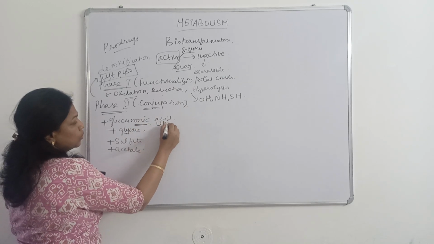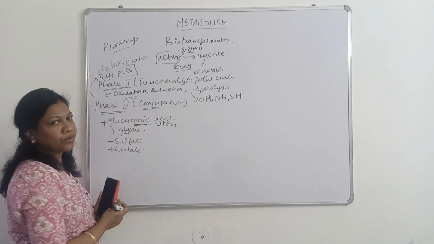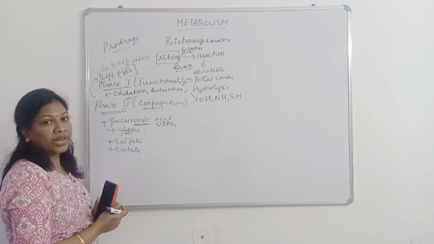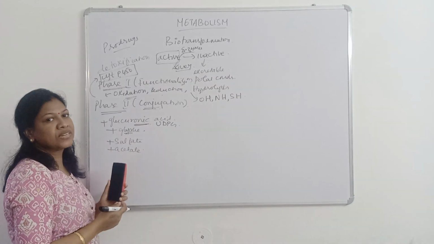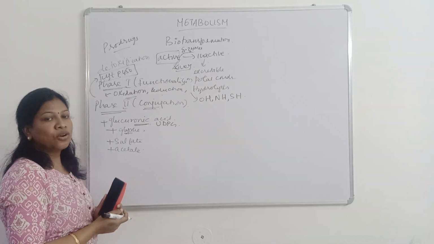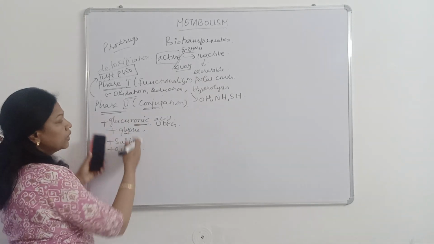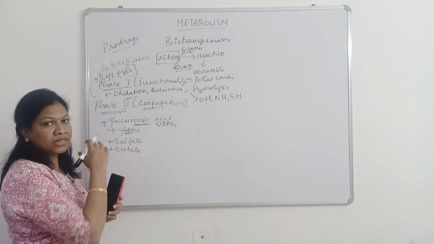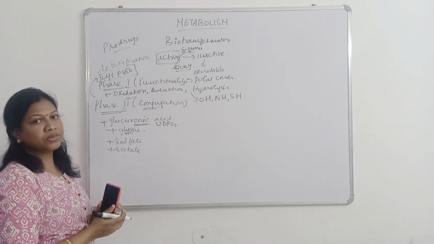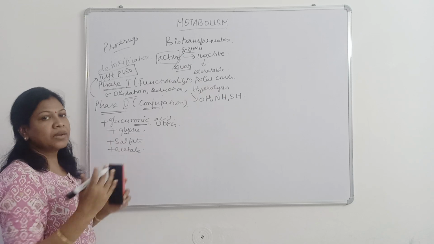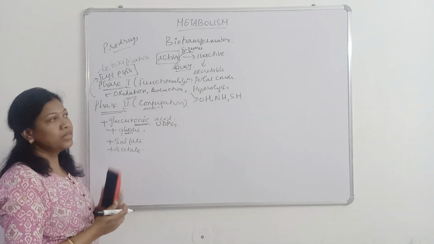Similarly, phase 2 needs UDPG, glucuronic acid, and glucuronyl transferase, and likewise glycine transferase, sulfotransferase, and acetyl transferase. All these enzymes are responsible for conjugating the drug with these endogenous compounds, converting it into a water soluble compound that can be easily eliminated from the body.